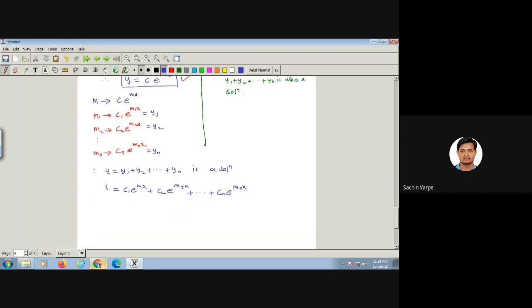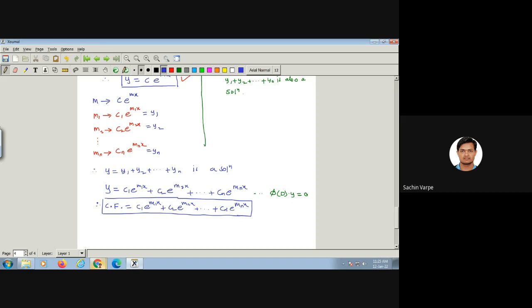This is the solution of the homogeneous differential equation phi of D into y is equal to 0. This is the complementary solution. If the right hand side is non-zero, this is called the complementary function. Therefore CF is equal to c1 e to the power m1x plus c2 e to the power m2x plus and so on cn e to the power mnx, which is the required formula for the complementary function.